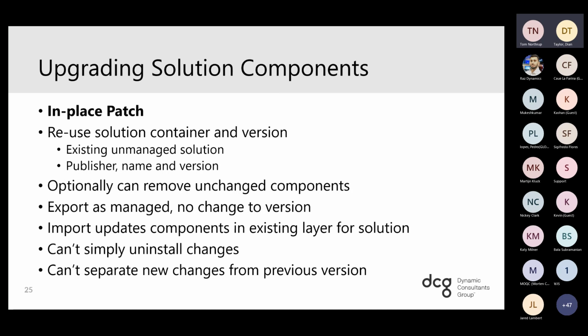You export it as managed, but you leave it 1.0. You don't increment it to 1.1. You then import updates into a higher environment, and it will update the existing layer for the solution. The problem here is that you can't simply uninstall those changes and you can't separate new changes from previous version.